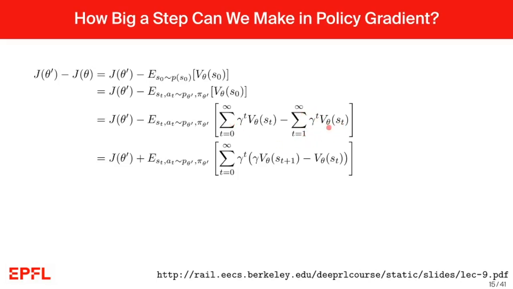And then I factorize out the gamma to the power t. Then I'm left with gamma times v theta of s t plus 1 minus v theta of s t. Still the same as in the line above.